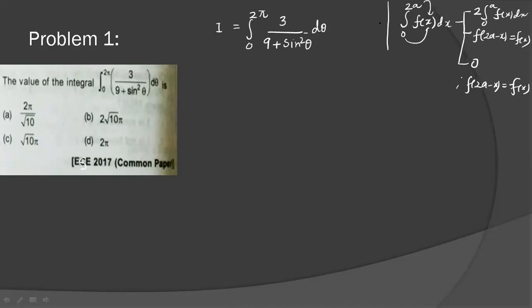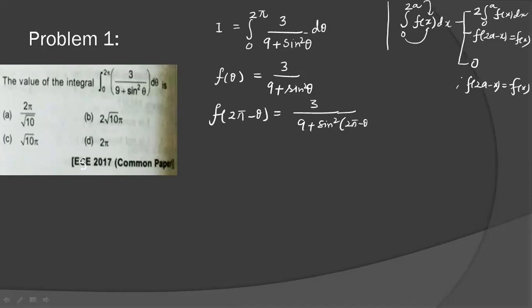So let's check here. The function f of theta is 3 over 9 plus sine square theta. Now we have to check f of 2 pi minus theta, because we have 2 pi in place of 2a. So it will be 3 upon 9 plus sine square of 2 pi minus theta.